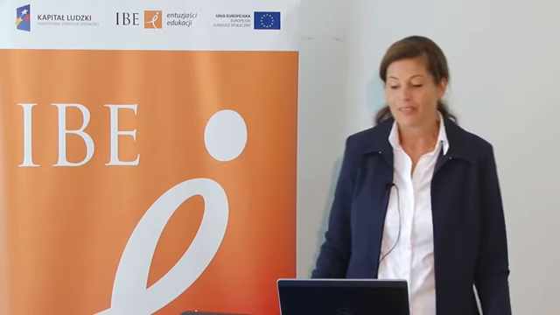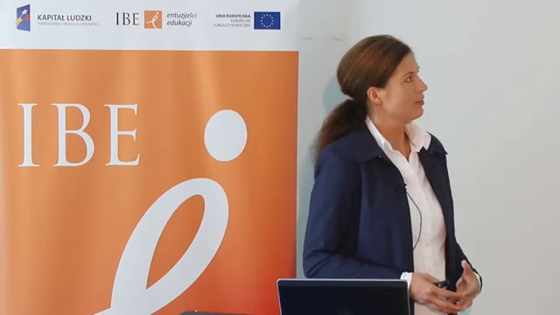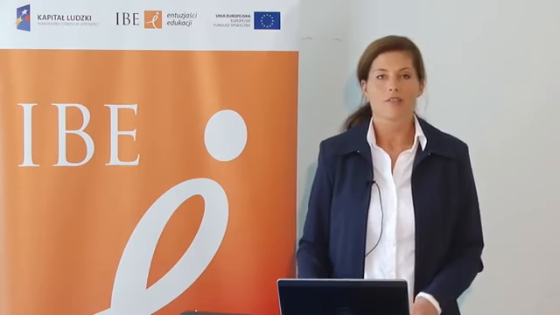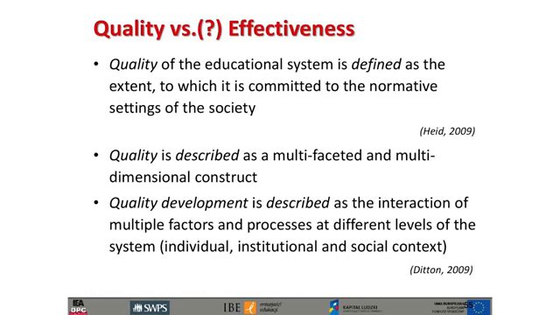I mean, it is understandable that it is really very difficult and almost, I would say, not accessible to provide an ultimate quality definition in a school system. So the authors are stating that quality is described as a multifaceted and multidimensional construct.